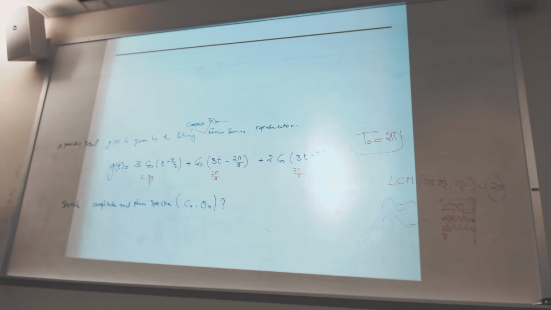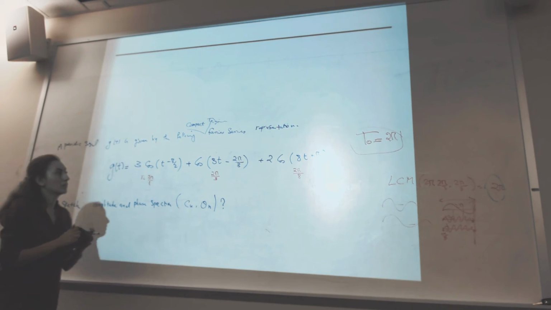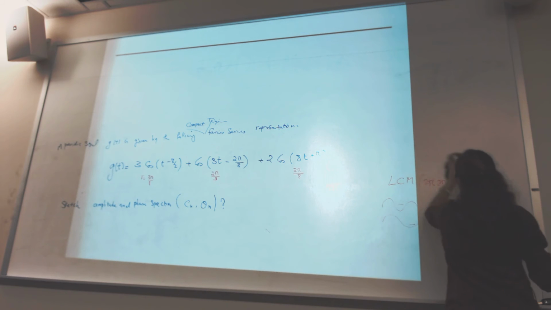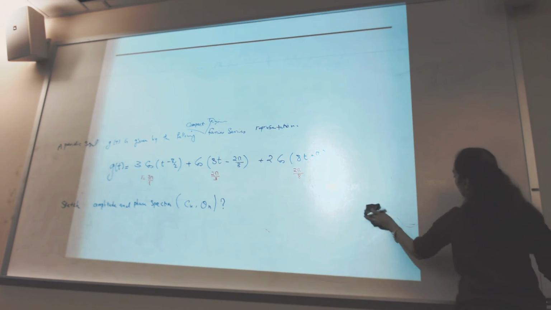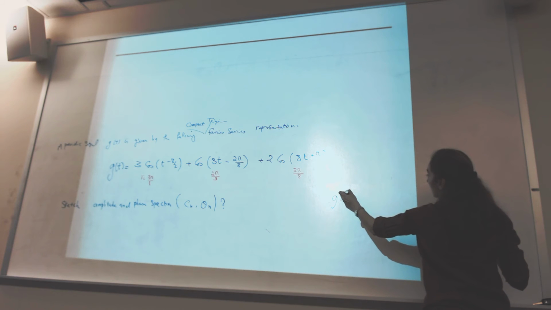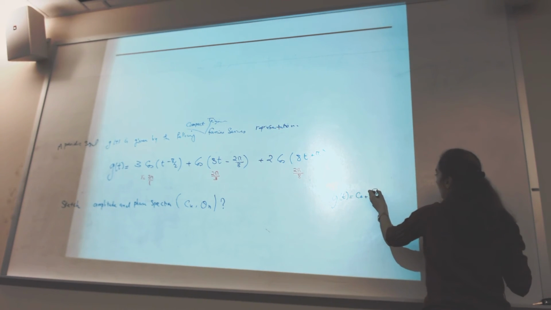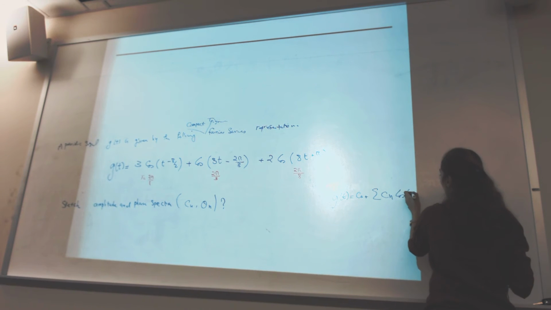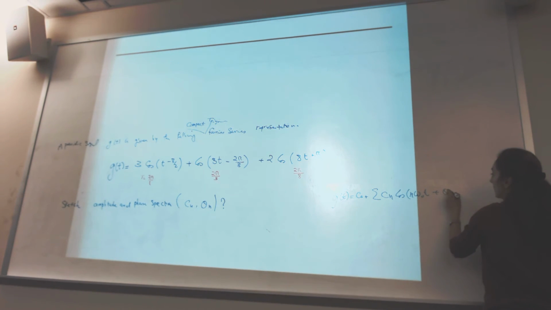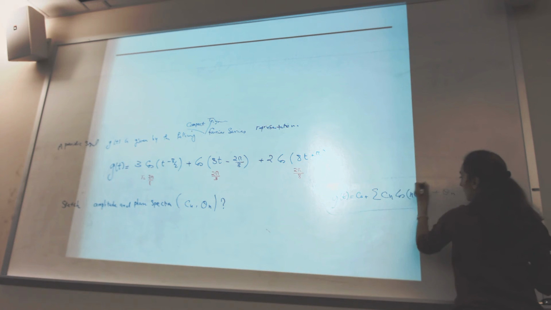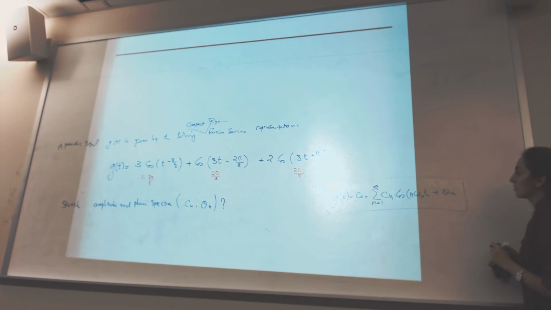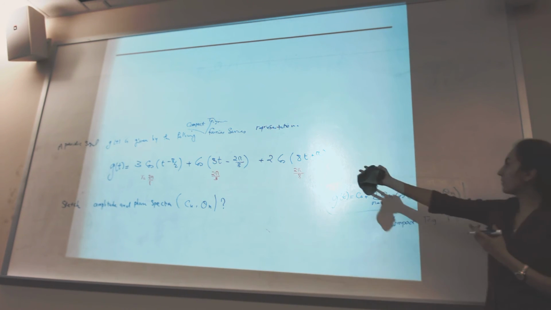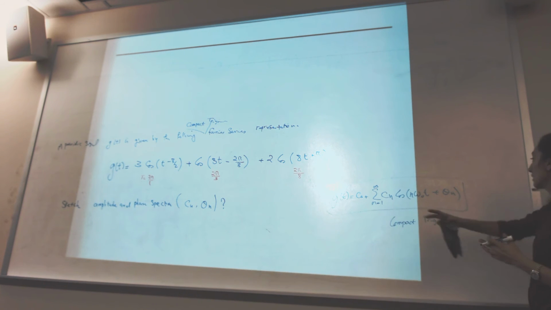For the compact trigonometric Fourier series, you expect to see g(t) as a sum, C₀ plus the sum of C_n cosine of (nω₀t plus θ_n), from 1 to infinity. You agree? This is in general the compact trigonometric Fourier series, and I have given one example to you. I asked you what the C_n's and θ_n's are.